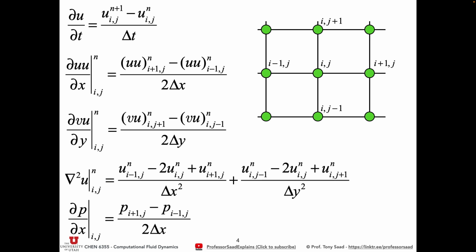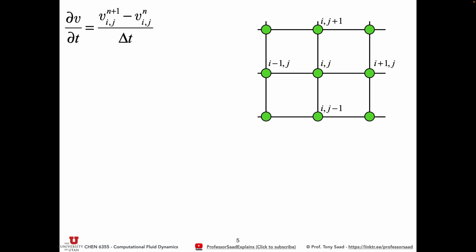I'm going term by term in these equations to show you that we know how to do all of these. We've done all of them. For the centered difference scheme on the pressure gradient, again centered at some arbitrary point ij, for the x pressure gradient it is p_(i+1) minus p_(i-1) over 2 times delta x. Same thing for the y momentum.